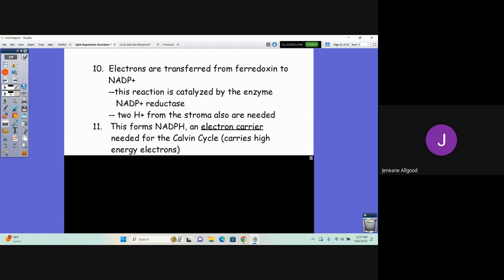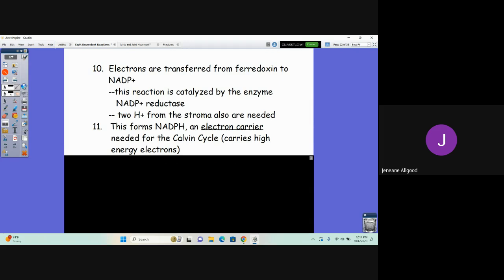Something that my students usually have to get used to is that with ATP, we know the energy is stored in the bonds between the phosphate groups. NADPH is really just called an electron carrier. It doesn't store energy the same way that ATP does.